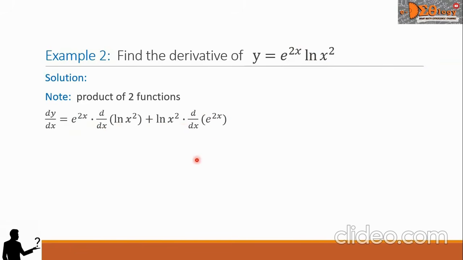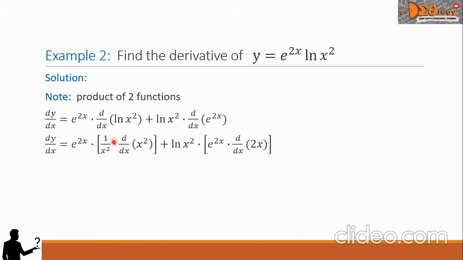On the next line, we're going to copy everything, and this time we will simplify the respective derivative. So the derivative of ln x squared is 1 over x squared times the derivative of x squared. In here, the derivative of e raised to 2x is e raised to 2x times the derivative of 2x.